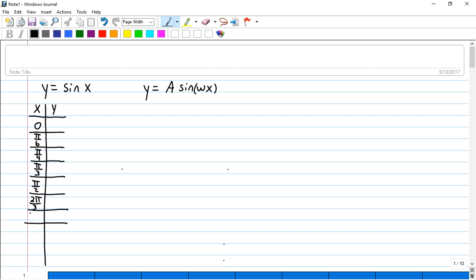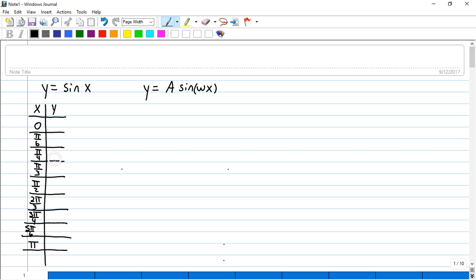And then 3 pi over 4, and then 5 pi over 6, and if I want to stop at pi, that would be the last point I put in my table.